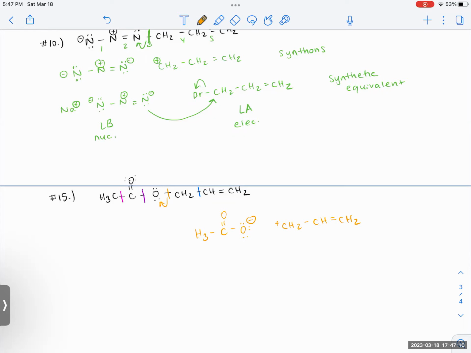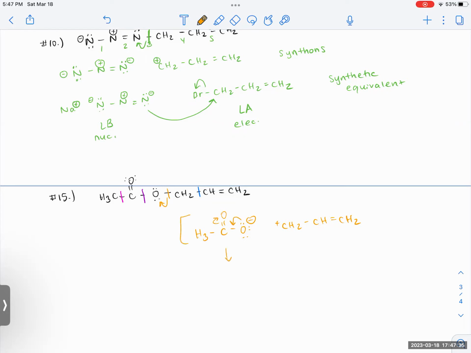So we chose that one because oxygen is electronegative, and the electrons are going to be most stabilized going onto the oxygen there and keeping the oxygens together, because there is actually resonance here, because you can do this.